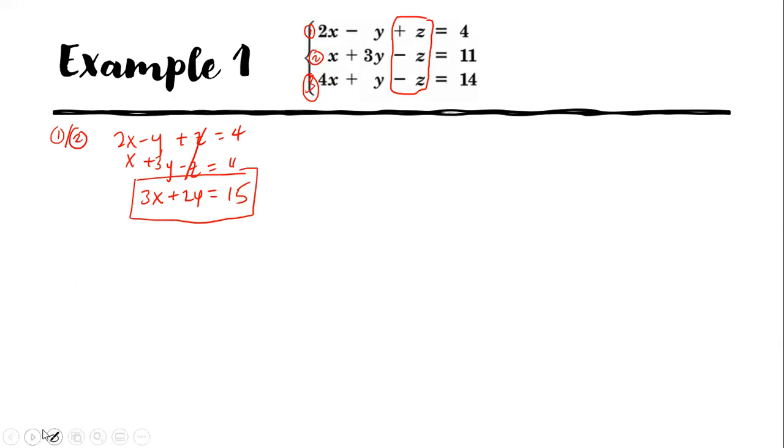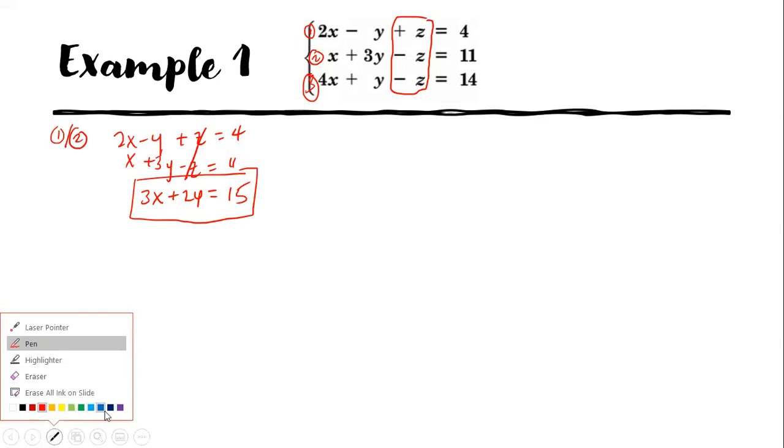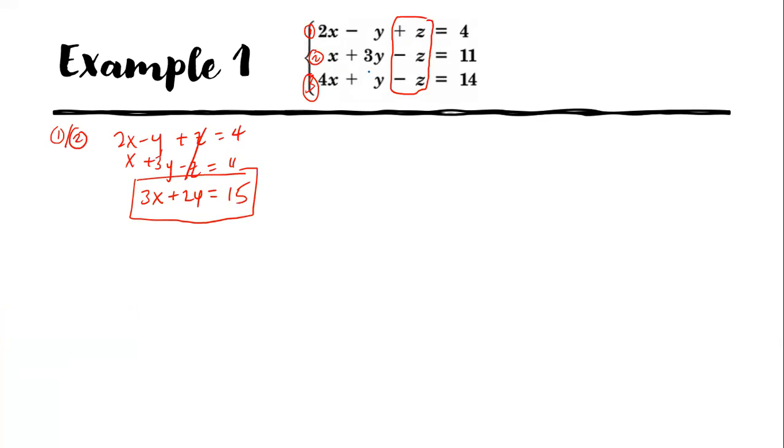And now we're going to do this again, but we're going to choose a different set of equations. So we did 1 and 2. Now we could do 1 and 3. So 1 and 3, we're using 2x minus y plus z equals 4. And then we have 4x plus y minus z equals 14.